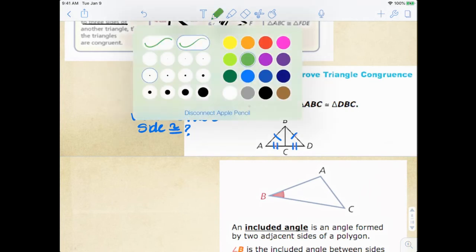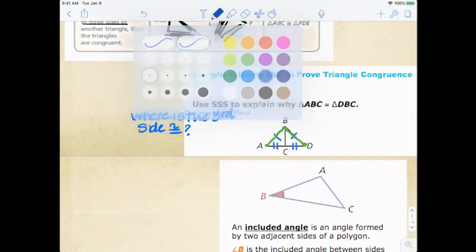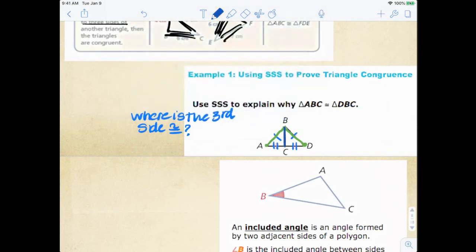And if it helps, note that it goes from A to B, D to B. Oh yeah, they already told us that. But then it also goes from B to C, and B to C. How do I know that these 2 sides are congruent? What would I say that as?